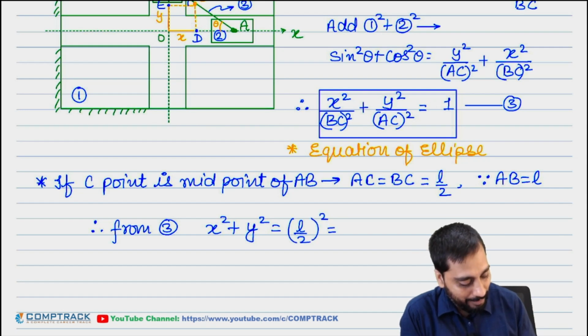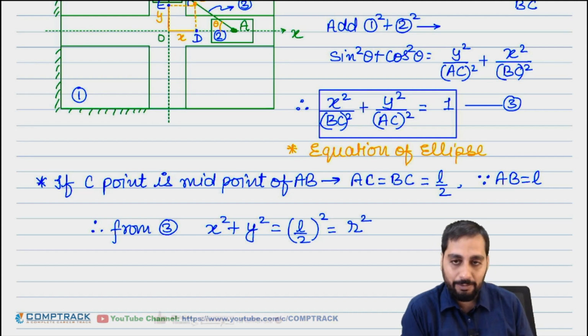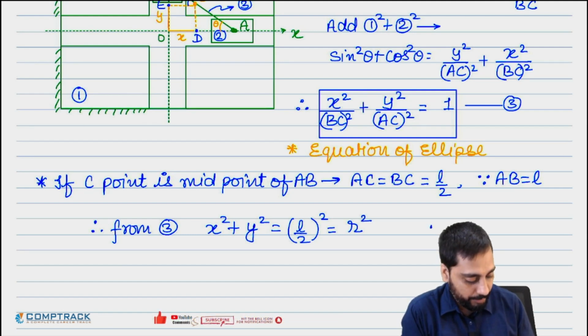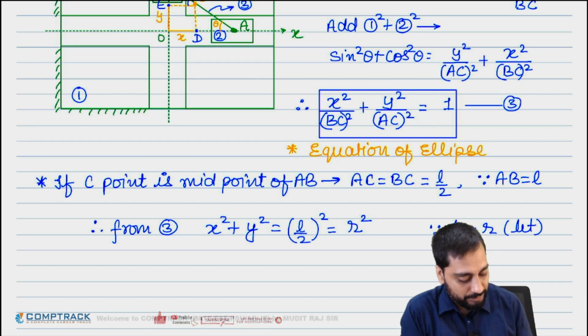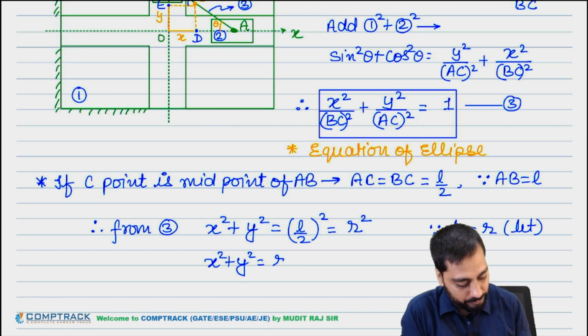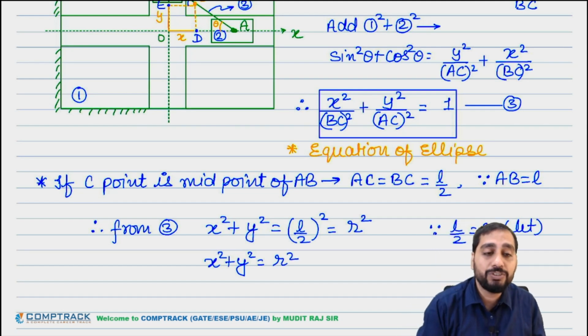Now if I am considering L by 2 as R, so this will become the equation of what? X square plus y square equals R square.